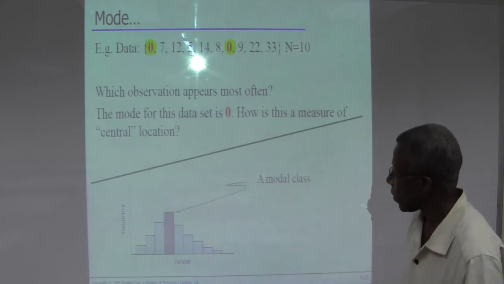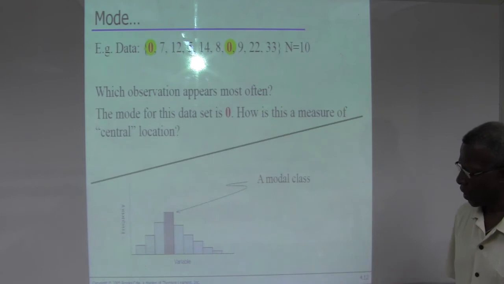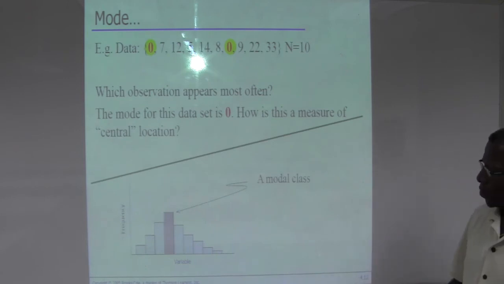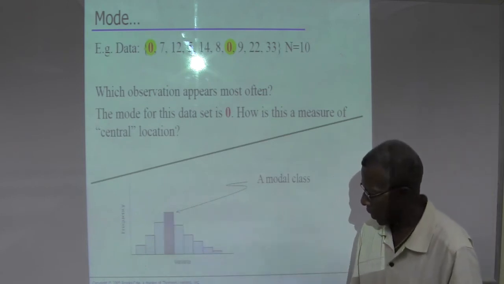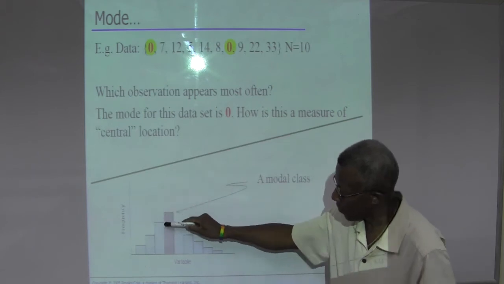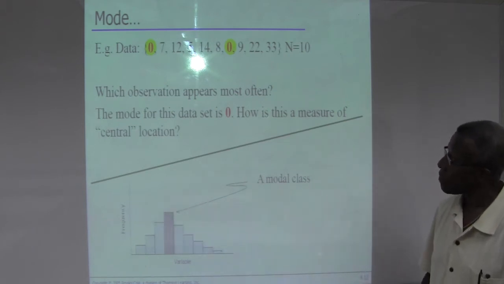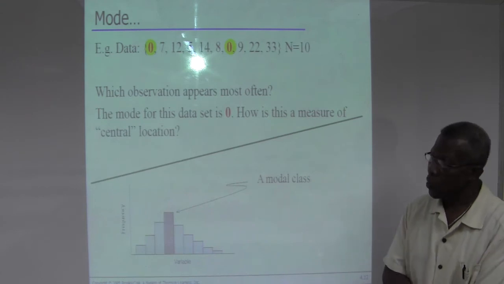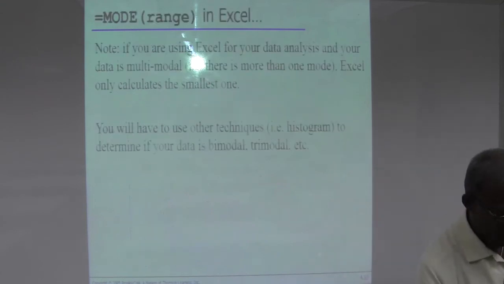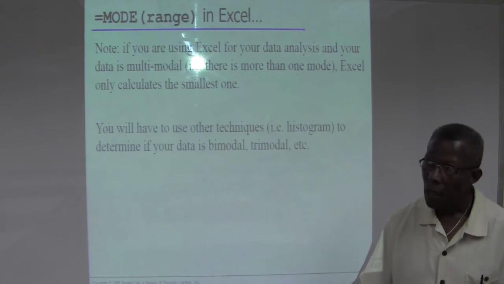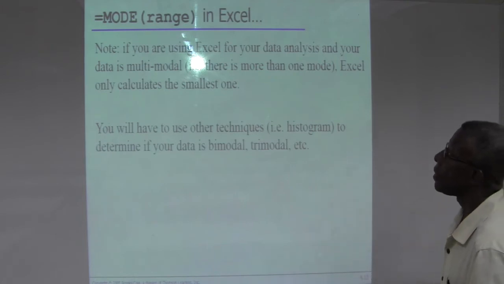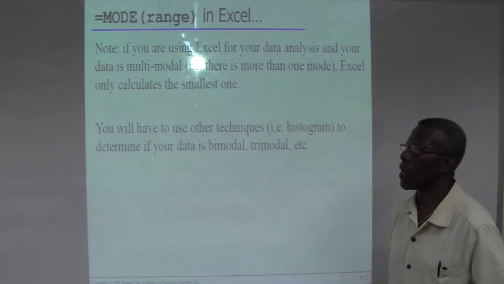The mode. Okay? A diagram is shown here. It is a histogram, and you see the class with the highest frequency, that refers to the modal class. Right? That's all for the mode. Just a note, in Excel, =MODE(range) is how you acquire the mode.